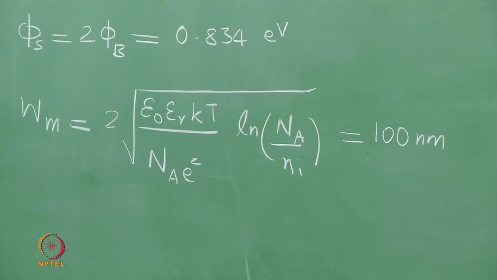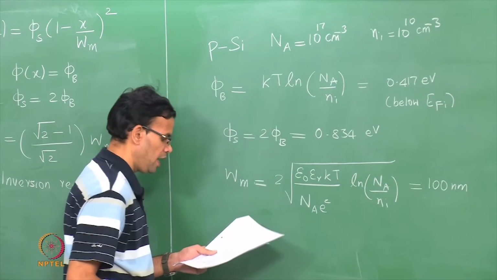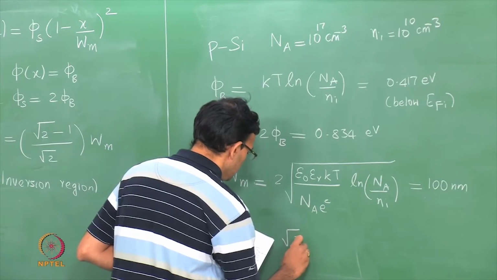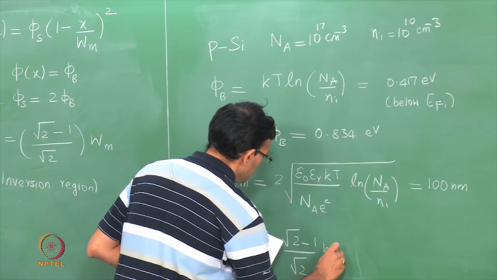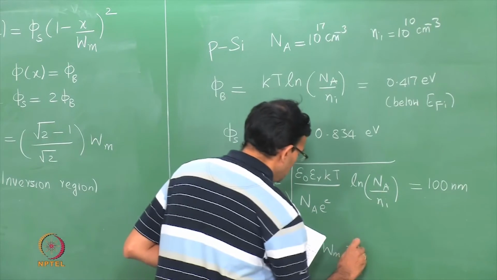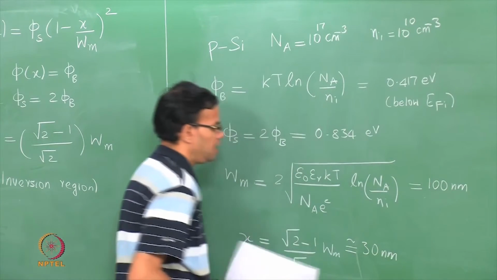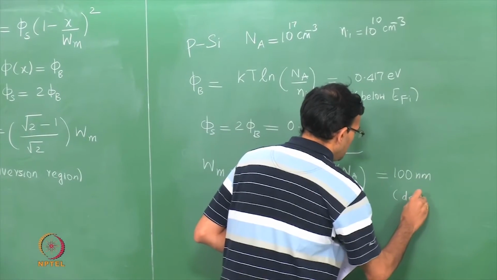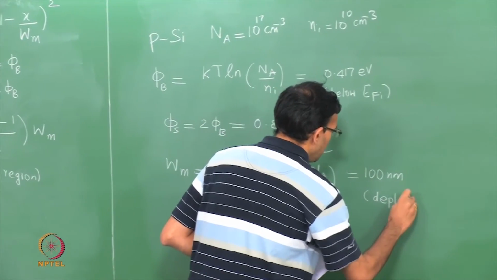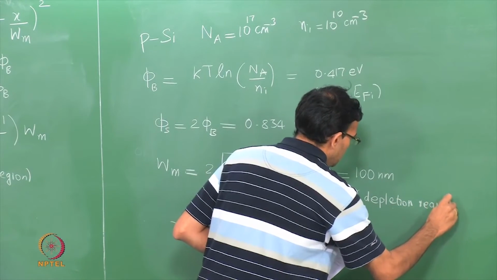If you want to calculate the width of the inversion region, which is x, this one is approximately 30 nanometers. So, this one, which is 100 nanometers, which is Wm, is the total width of the depletion region.